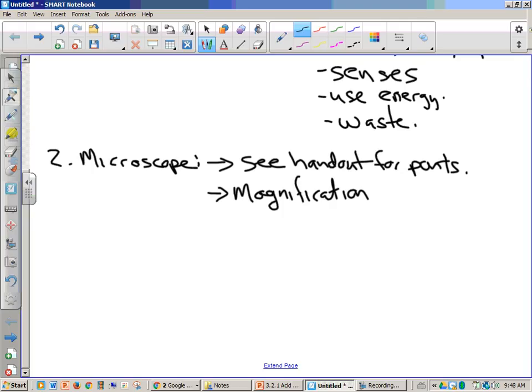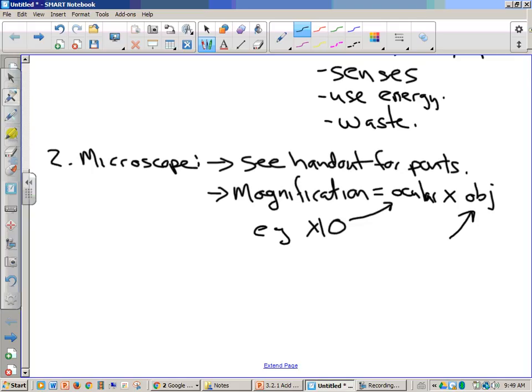So I take the ocular lens, or the eyepiece, it's called the ocular lens, times the objective lens. And an example there. The ocular lens tends to be times 10, right? That's what the ocular tends to be.